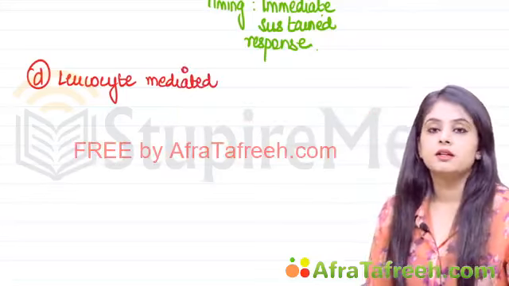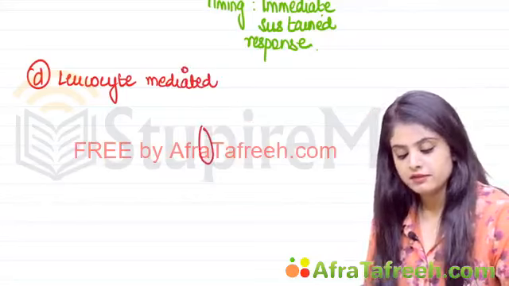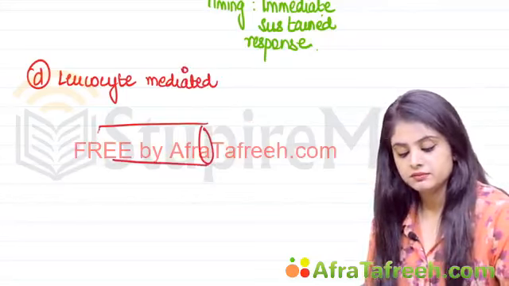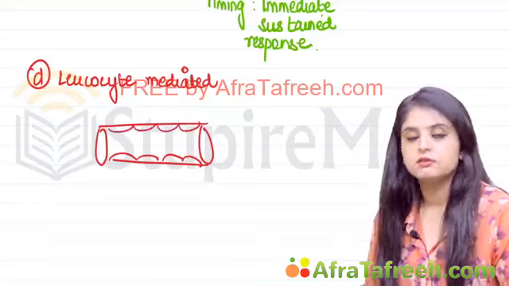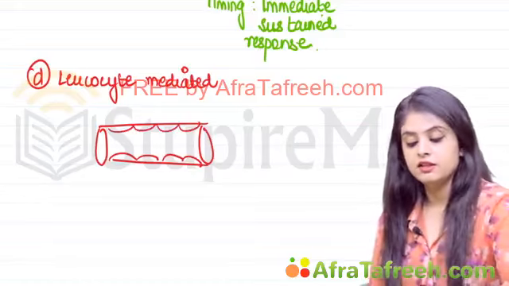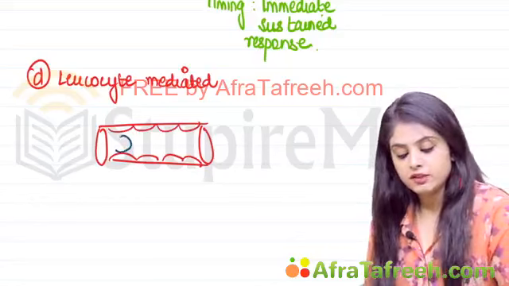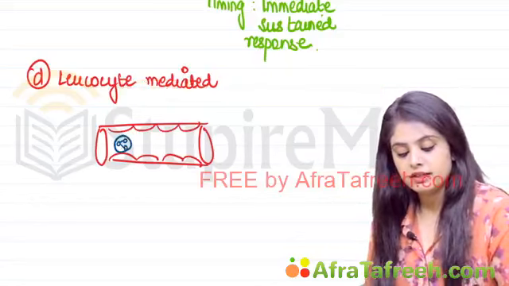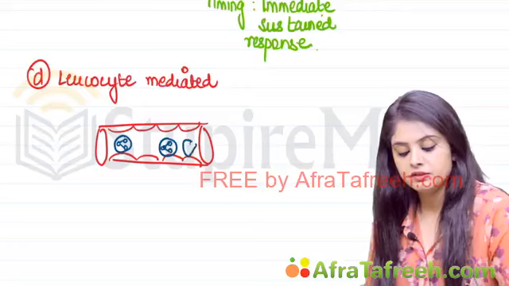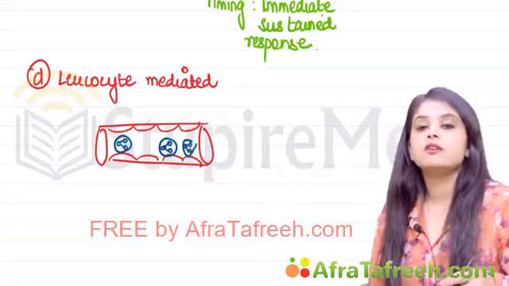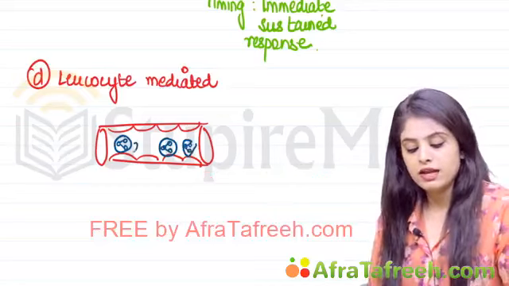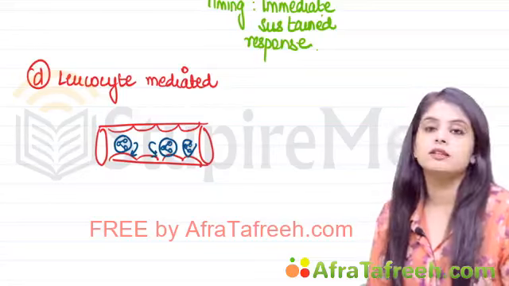response. Means that, for example, if this is a blood vessel and these are the endothelial cells. These are the endothelial cells. Leukocytes, for example, I hope everyone can now recollect which particular leukocyte am I drawing with these 3 lobes. Correct, it is a neutrophil. So the neutrophil or any leukocyte is going to come and is going to damage these endothelial cells.